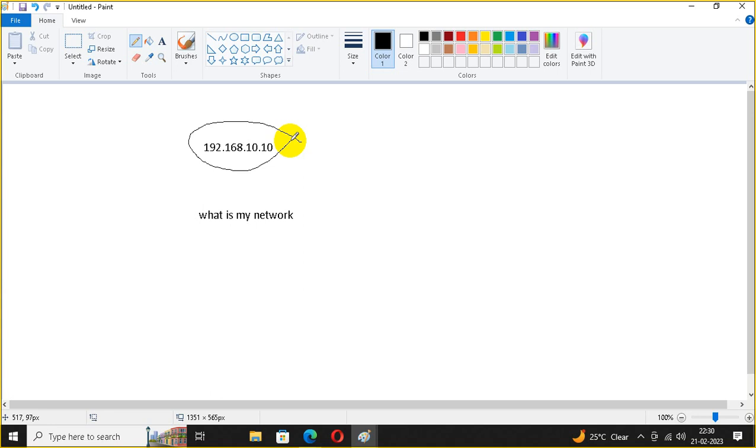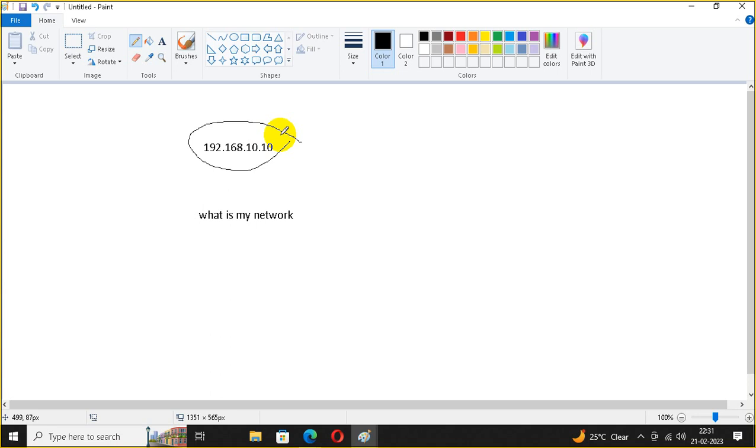Class C. Very good. So if it is class C, what will be the structure? I'm not asking the default subnet mask, I'm asking the structure. Structure means 3 network, 1 host.